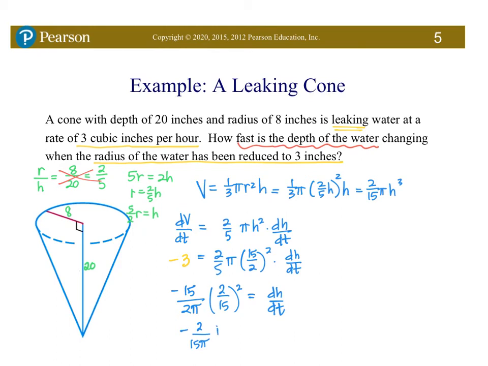This is going to be measured in inches as I'm measuring the height, and the unit of time is per hour. And that's the value and the interpretation of that. The water is leaking, so the depth is decreasing at negative 2 over 15 pi inches per hour.